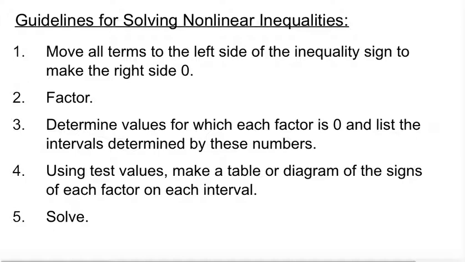So you want to move all terms to the left side of the inequality sign to make the right side equal to 0. And then you want to factor that left-hand side. And then you want to determine the values for which each factor is 0 and list the intervals determined by these numbers. And then using test values, we're going to make a table or diagram of the signs of each factor on each interval and then solve.